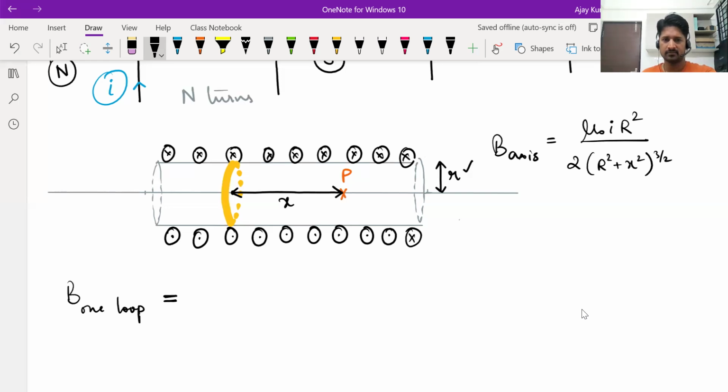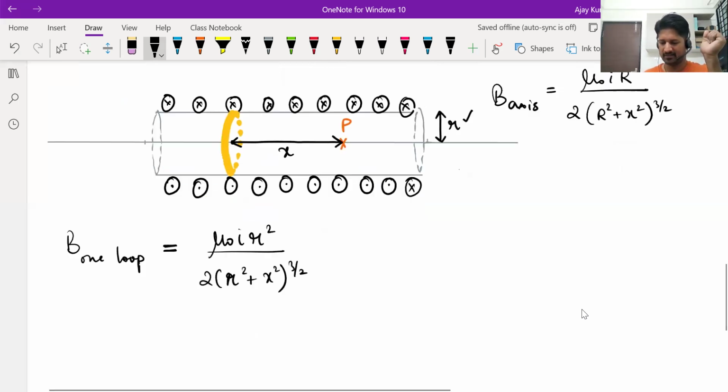It will be the same as the formula, except we'll replace capital R with small r: mu naught I r square by 2 into (r square plus x square) whole power 3 by 2. This is the field produced by one loop. x is a variable. How will you find the field produced by all the loops? We integrate it. Correct. Integration has to be done.